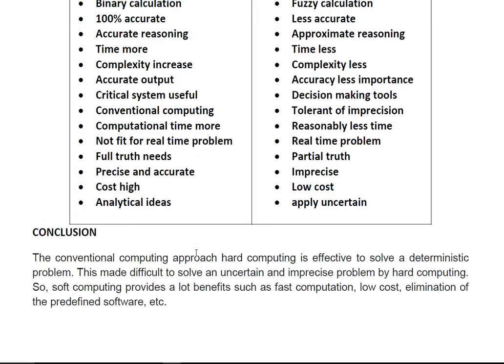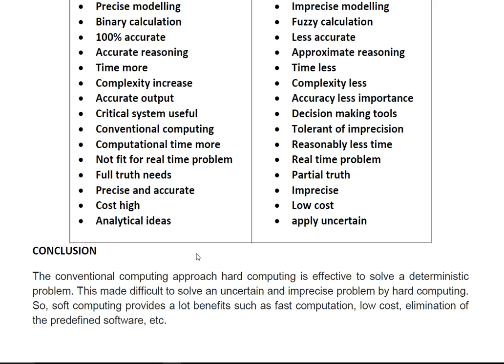One more point before I conclude: we should know the applications of soft computing and hard computing. Soft computing applications are wherever we are doing recognition systems, for example handwriting and face recognition systems.